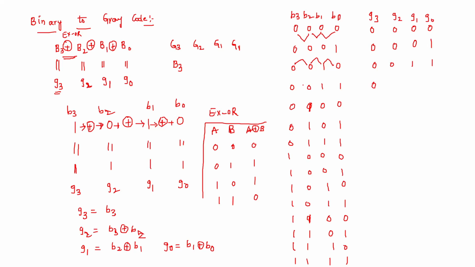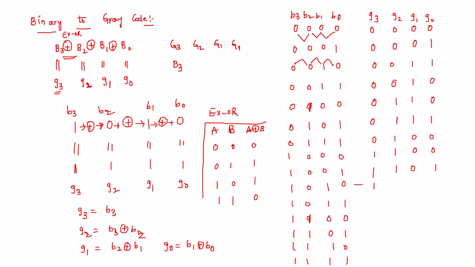Again 0 XOR with 0 is 0, 0 XOR with 1 is 1, and 1 with 1 is 0.